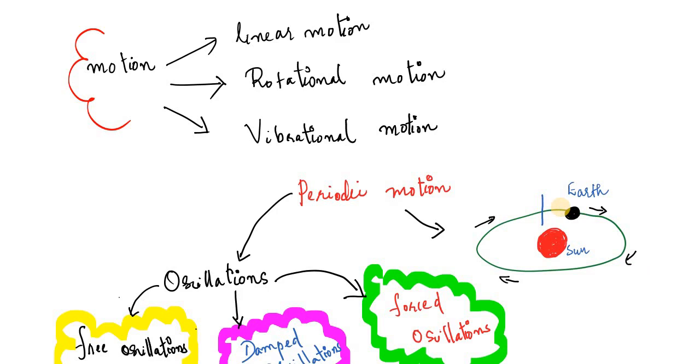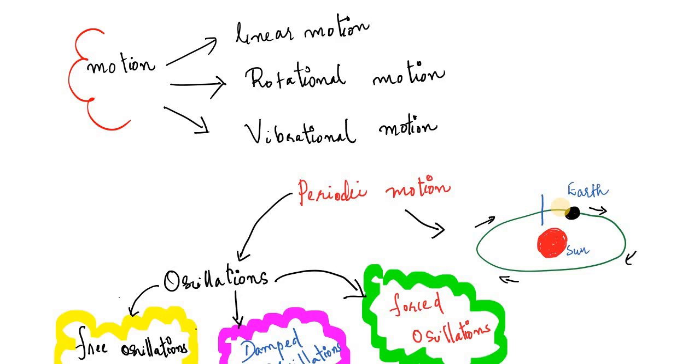So in the case of Earth and Sun, the particular interval is 365 days. If the period is fixed and the motion is repeating, then it is said to be a periodic motion.